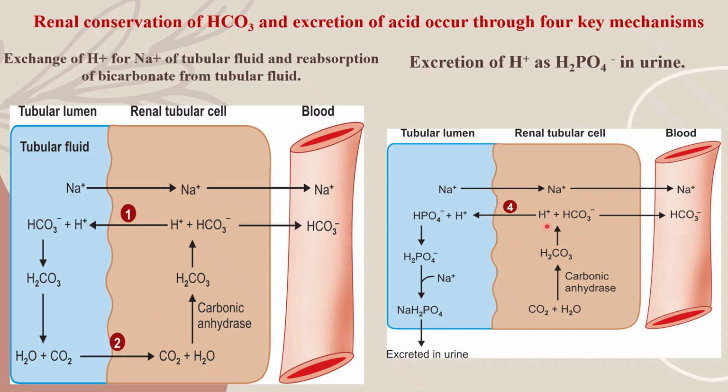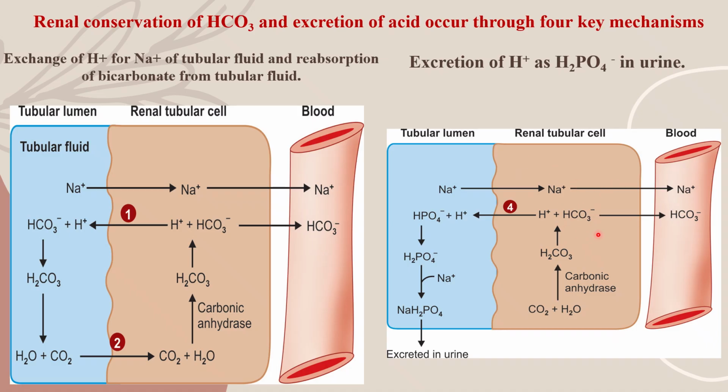So where are the H plus ions coming from? From carbon dioxide and water. There is a formation of carbonic acid, and this carbonic acid is broken up into H plus ions and bicarbonate. And this is how there is a loss of H plus ions. So H plus ion goes here and the sodium comes in return to the renal tubular cell from the tubular lumen and finally to the blood.